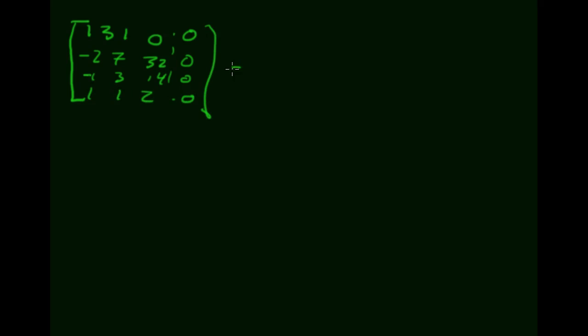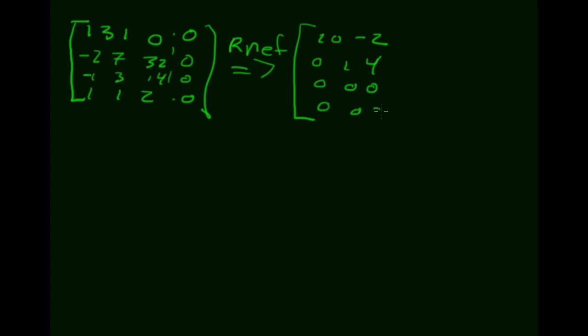Now, the result of doing Gauss-Jordan on the homogeneous one is just that we get the same result. 1, 0, negative 2, 0, 1, 4, 0, 0, 0, 0, 0, 0, but we get the 0 vector at the end here.